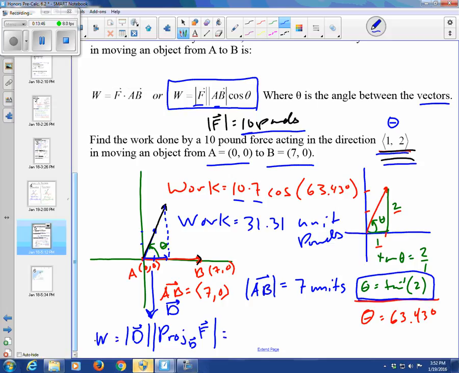What we talked about before was that the dot product is the product of the magnitude of the vector in the direction we're going in, times the projection of the other vector onto that vector. So really, this is the dot product of force and distance, which we've written as F dot AB. In general, that's how we get this formula.